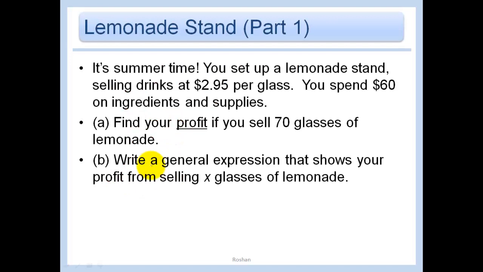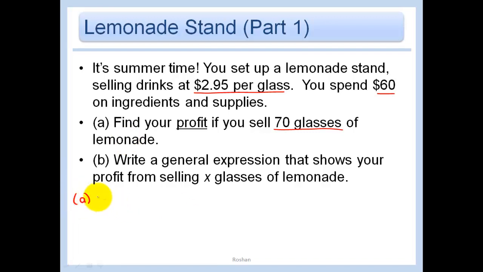Okay, next one. It's summertime. You set up a lemonade stand selling drinks at $2.95 per glass, and I like to underline important information. You spend $60 on ingredients and supplies. Find your profit if you sell 70 glasses of lemonade. So find your profit. What do we do?